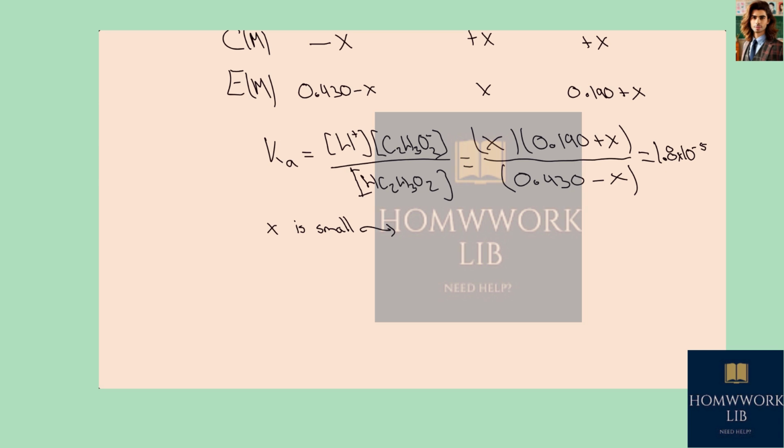Well, let's first assume that the lower of these concentrations is going to be much larger than the value of X. In order for that to be true, when we solve for X it needs to be lower than or equal to 5% of the concentration that I'm comparing. So in this case, 5% of 0.190.